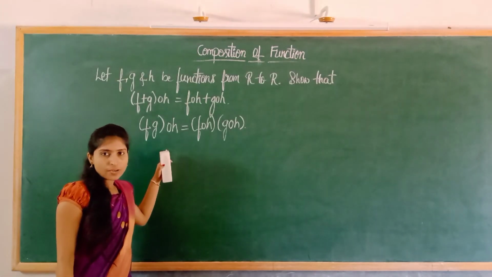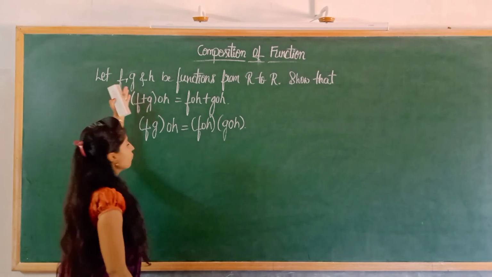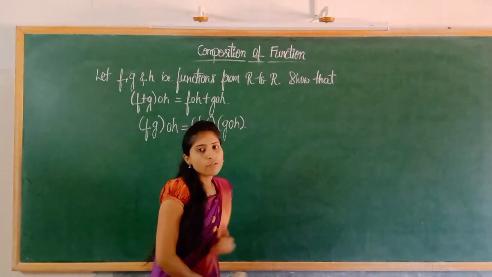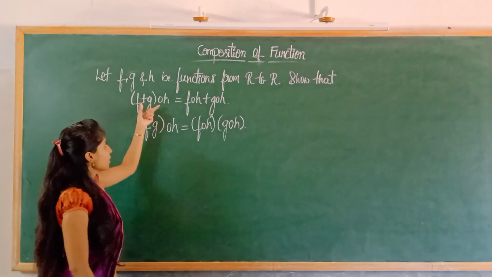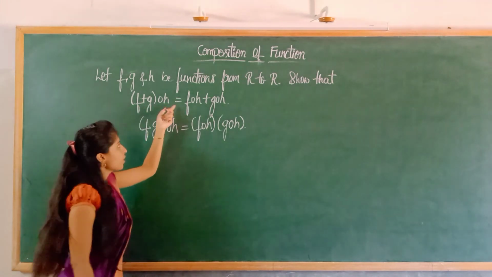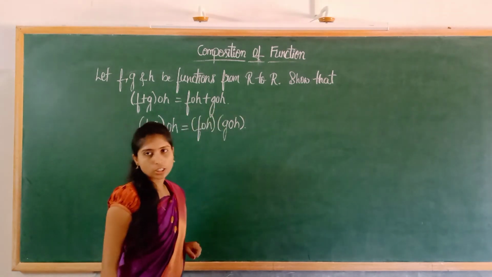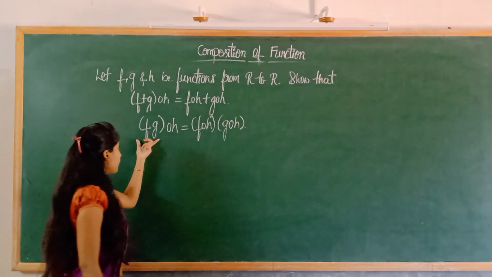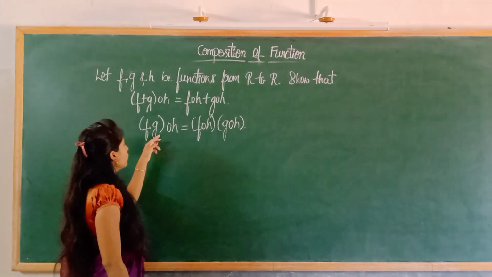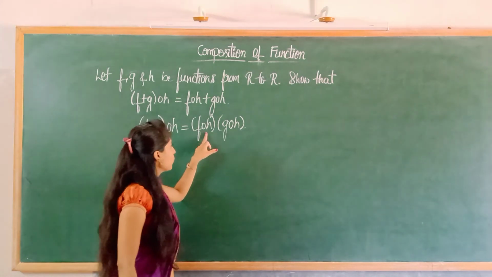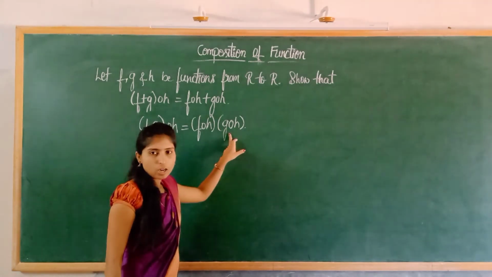The last one: let f, g and h be functions from R to R. We have to show that f plus g composition h is equal to f composition h plus g composition h. And the next one is again f into g composition h is equal to f composition h into g composition h.